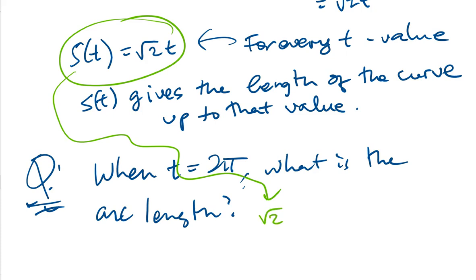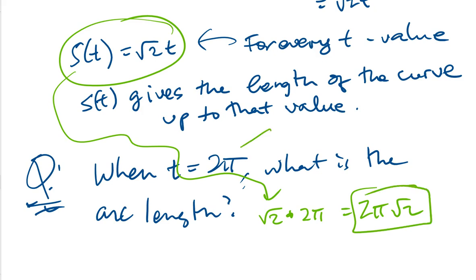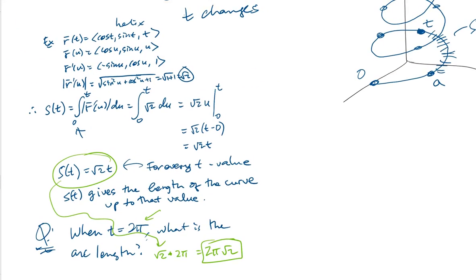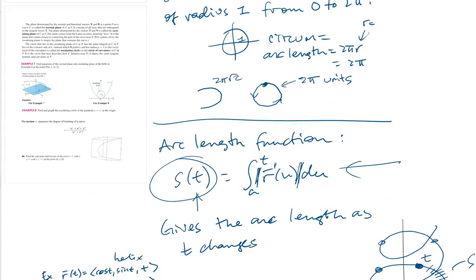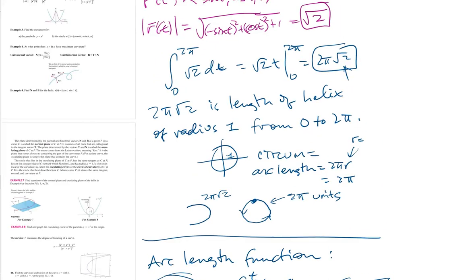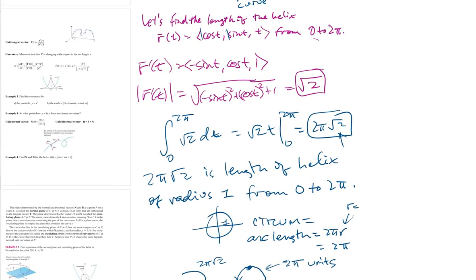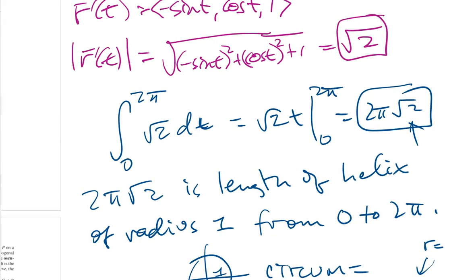So square root of 2 times 2 pi, which is just 2 pi square root of 2. That's the arc length at 2 pi. Well, that's what we found before, right? When we did this problem before, we found that when t was 2 pi, the arc length was 2 pi root 2. And there you have it.